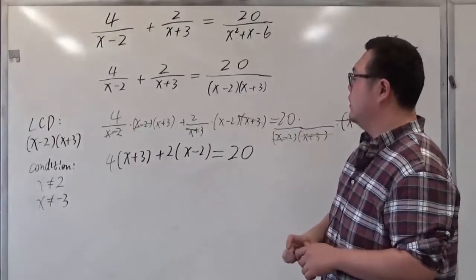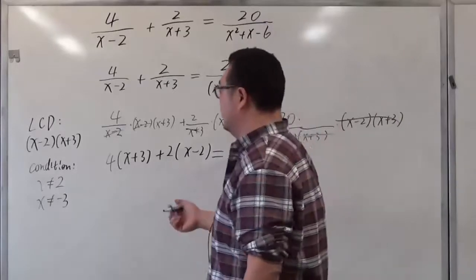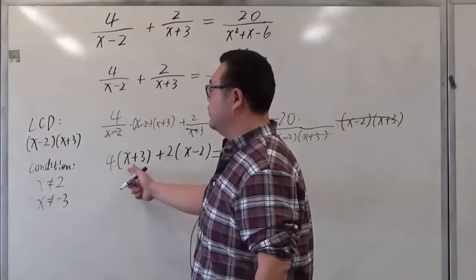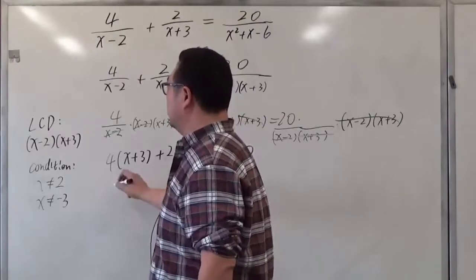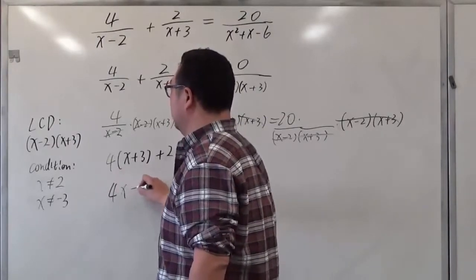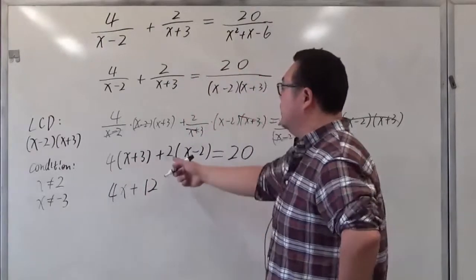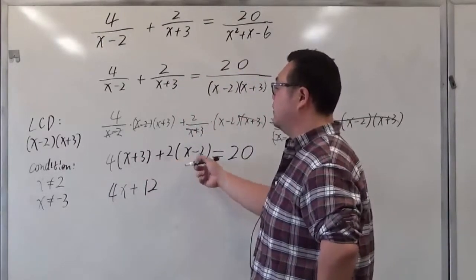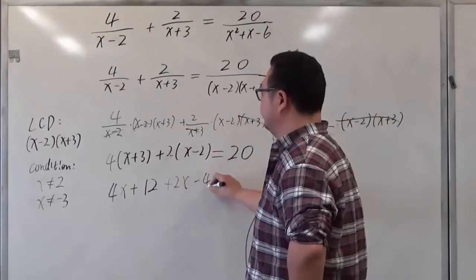Then what we need to do is distribute the coefficients over the parentheses to simplify. 4 times x, 4 times positive 3 is positive 12. 2 times x minus 2 is positive 2x and negative 4.